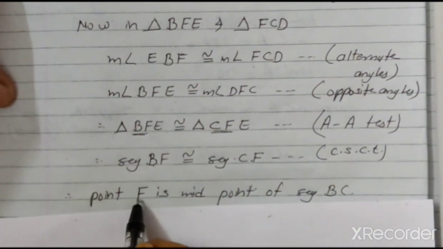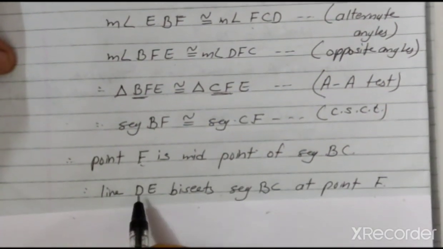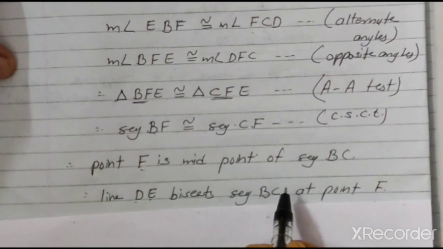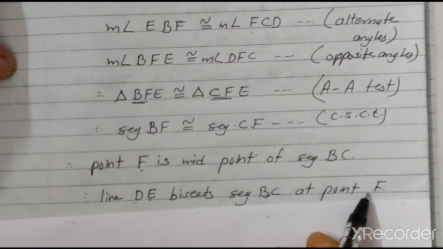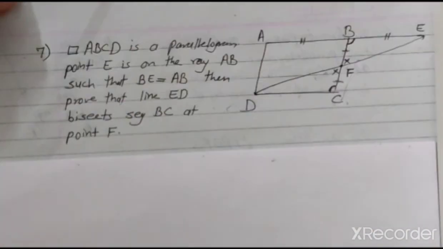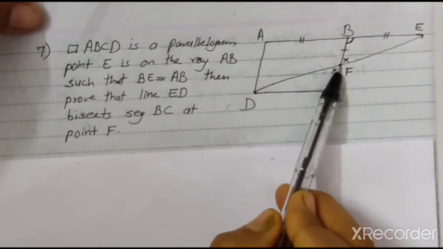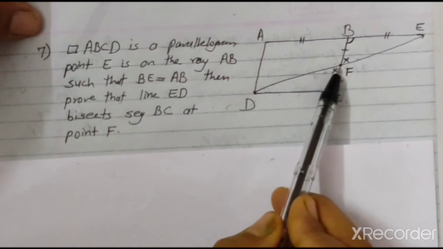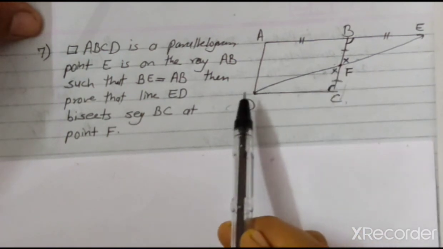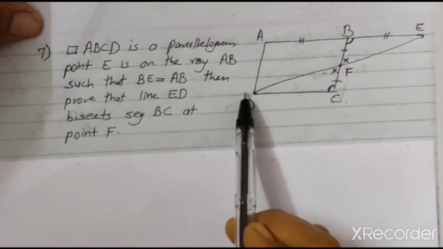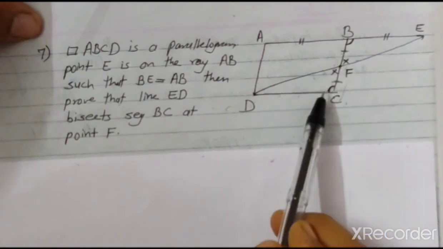And if it is midpoint, then we can say that this line DE bisect this segment BC at point F. Therefore, our target is proved. This BF is congruent with FC. It means this point F is midpoint. Therefore, we can say this line DE bisect this segment BC.